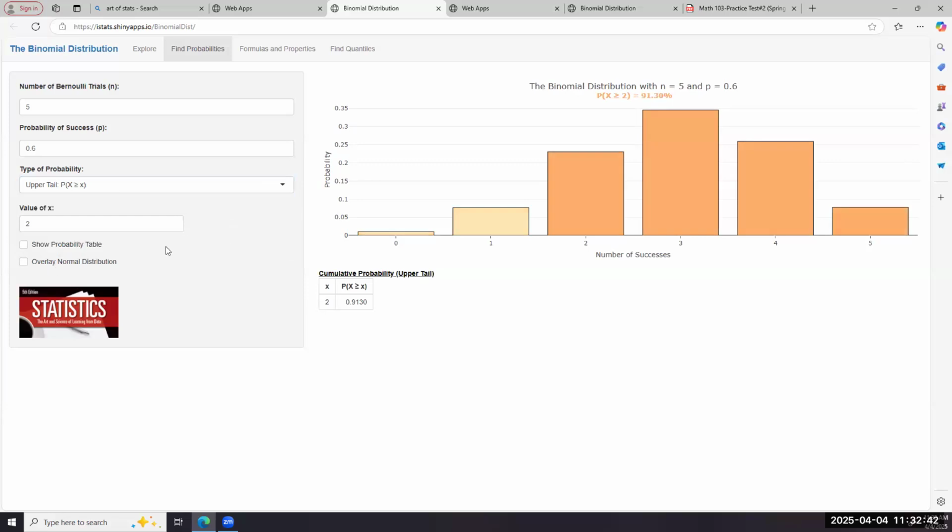You get 0.9130, which gives 91.3%. And as you can see, the case 3 is the most likely to occur. So just a very easy application.